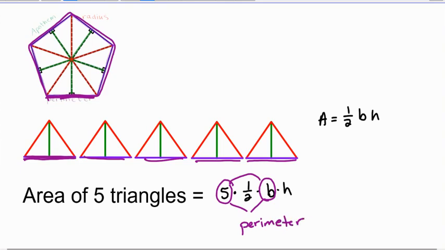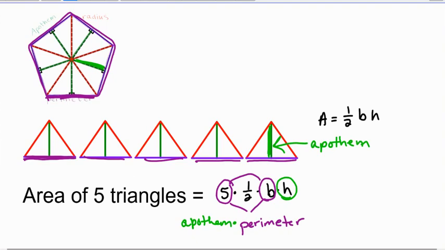And then if I analyze the height right here, this is the height of my triangle. If I come back over here and compare that to my polygon, that's actually the apothem, right? So this height right here is the apothem of the original pentagon, right? So that height is going to be times the apothem.